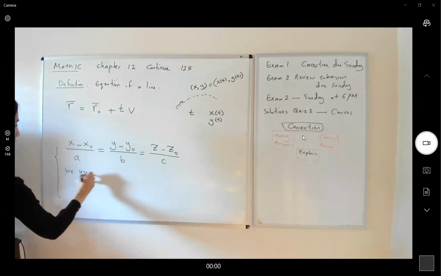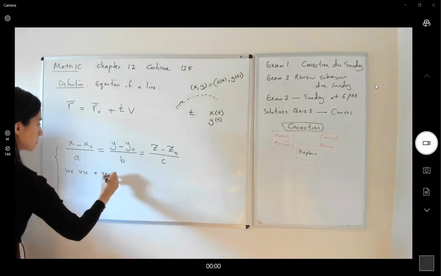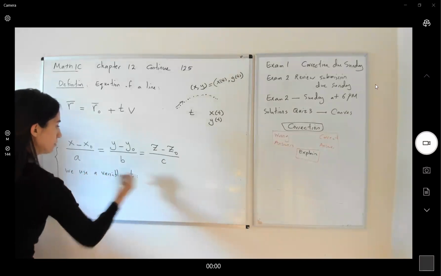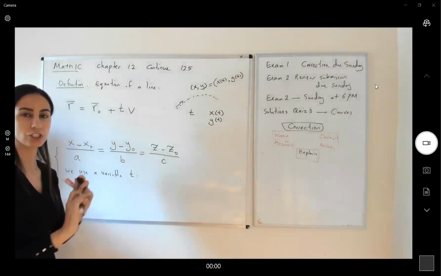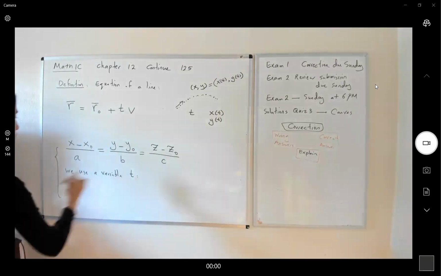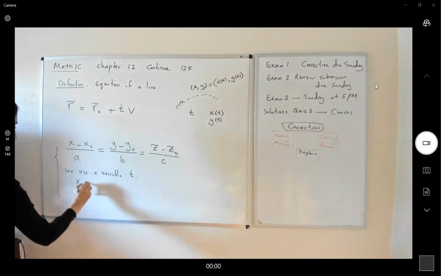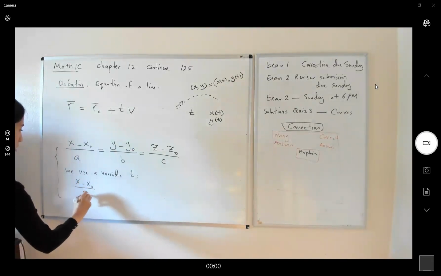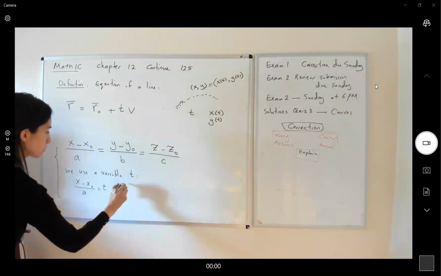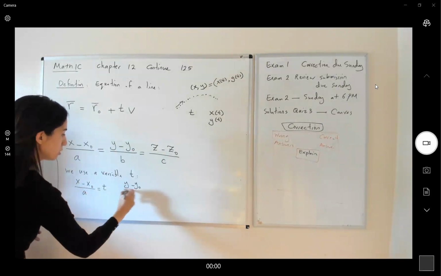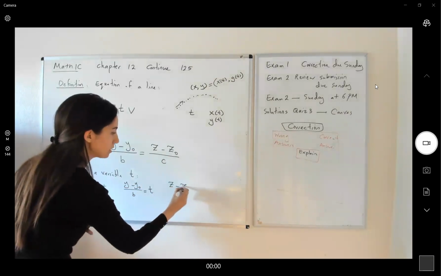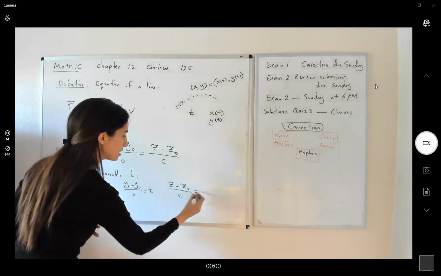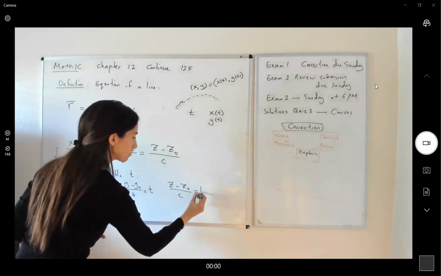Suppose all of these fractions are equal to this new variable: (x minus x sub 0) divided by a equals t, (y minus y sub 0) divided by b equals t, and (z minus z sub 0) divided by c is equal to t.